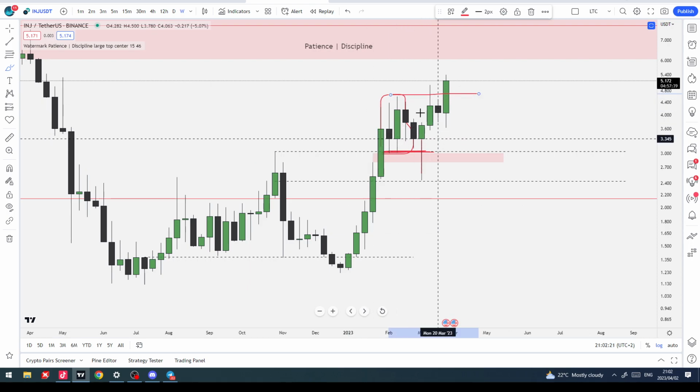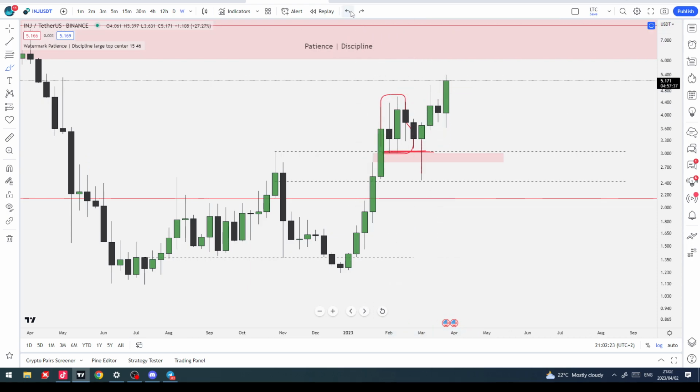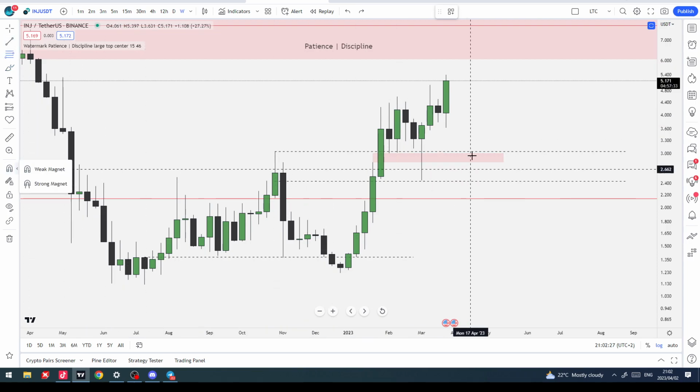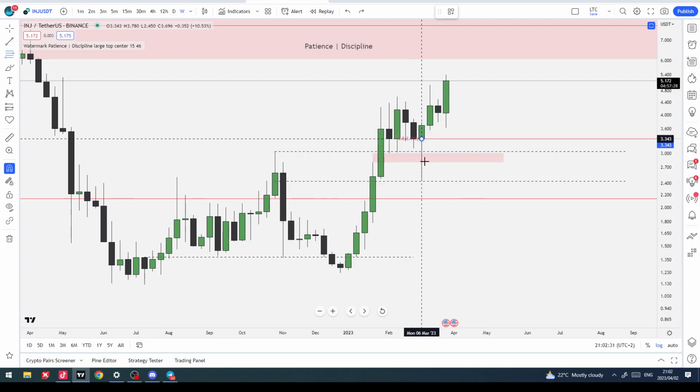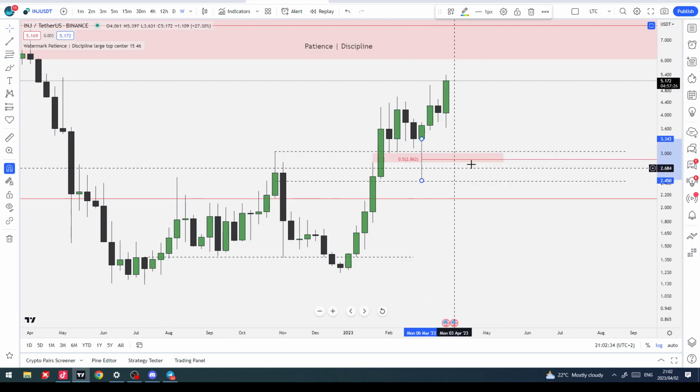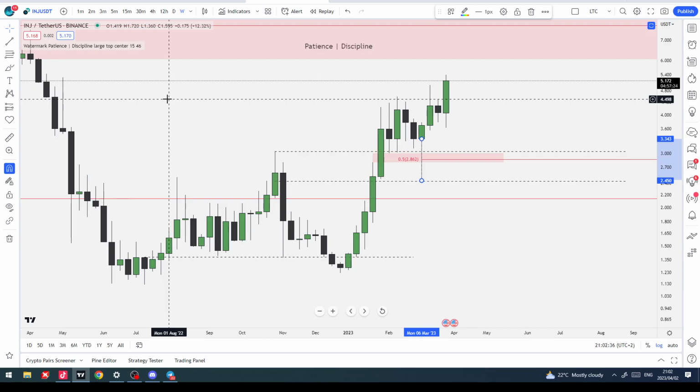Now, if we have something like this happening and we left a massive wick behind, I would want to mark off at least 50% of that wick on a weekly. So that's somewhere there inside the fair value gap. And if price were to return to this, let's have a look on the daily.